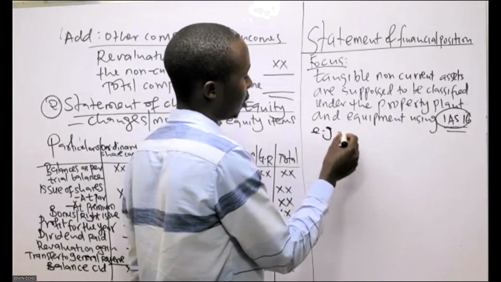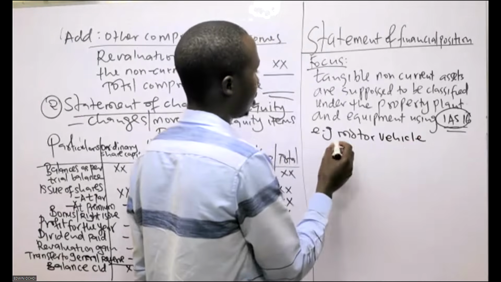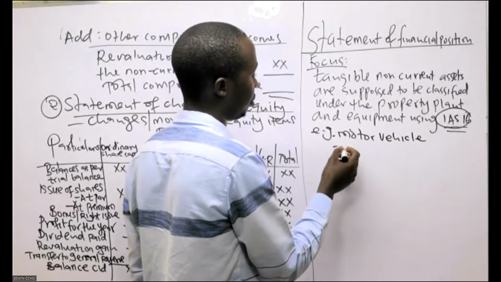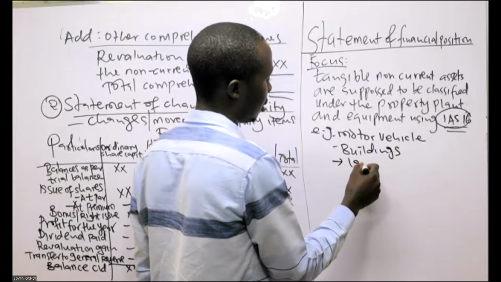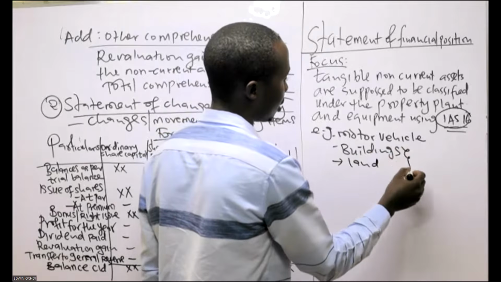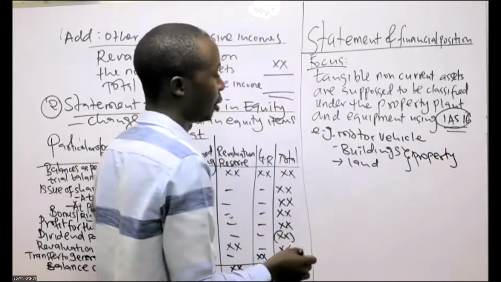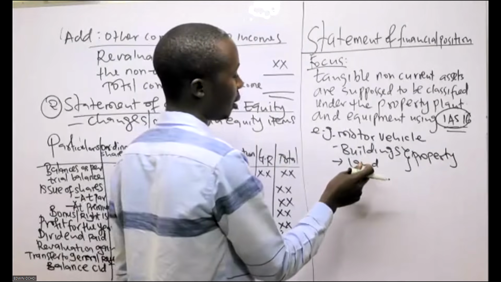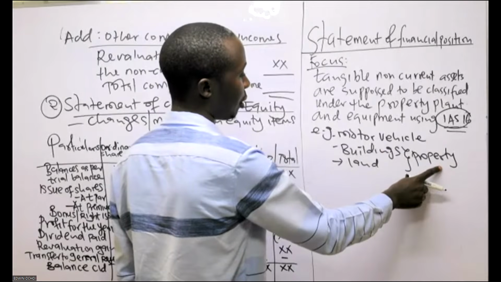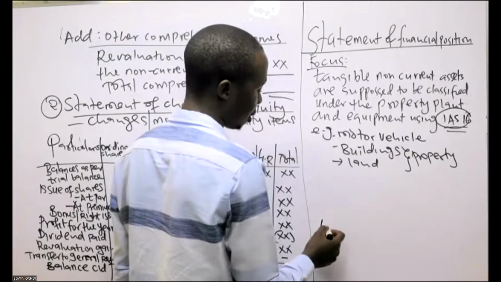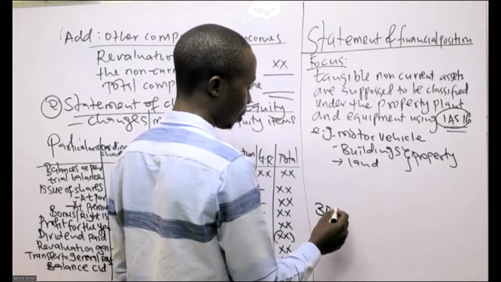For example, the likes of motor vehicles, so you know them, the likes of buildings, the likes of land. But sometimes they give you land and building as one, called what? When they use the word property and give you the one item, they can give you property in the additional information. Then they mention that the land is at 100 million, and the total value of the property was at 300 million.